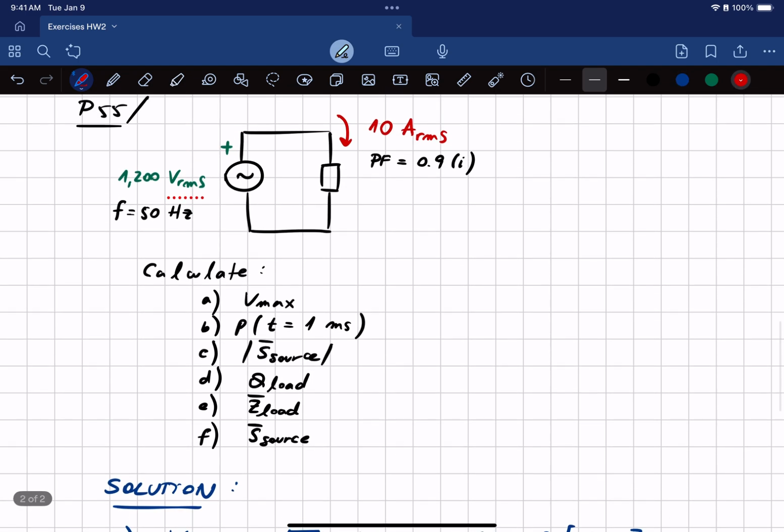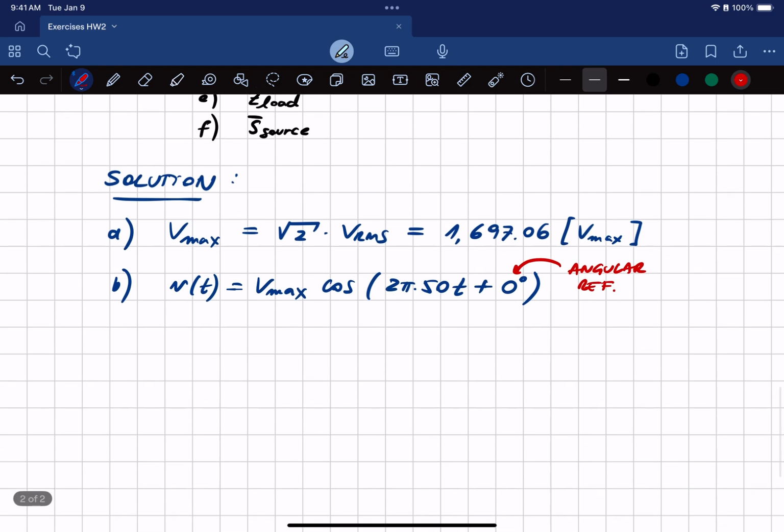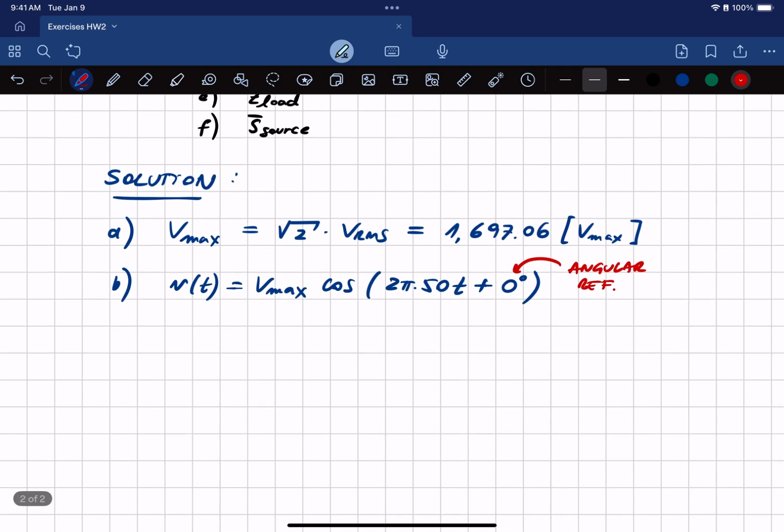Always in a circuit like this, you have to define one of the variables, one of the voltages or currents, as the angle 0, your angular reference. Okay, you always have to define one as angle 0. And Vmax, we already calculated it.